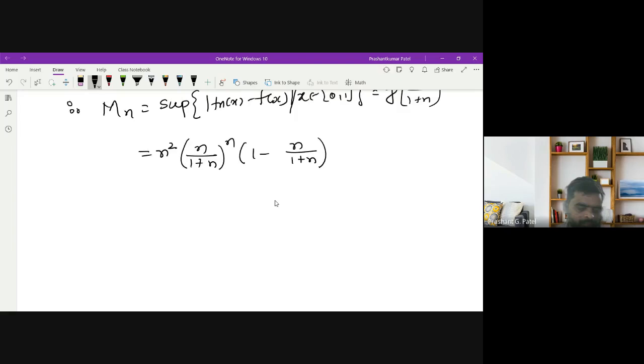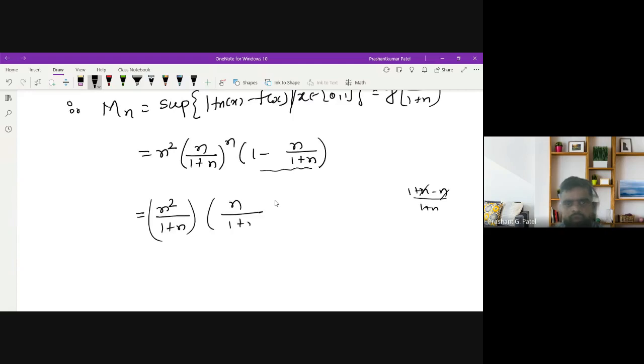Now let us see what is this quantity. This is n square, and if you take the LCM in this bracket, that is n plus 1 minus n upon n plus 1. N gets cancelled out, so it is n square upon 1 plus n. And this is n upon 1 plus n whole raised to n.